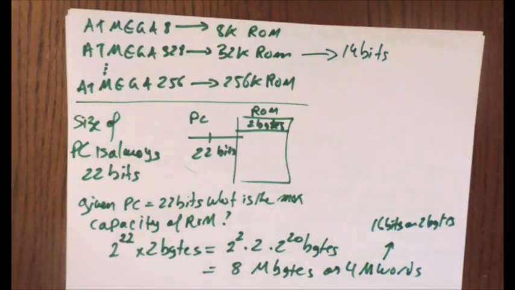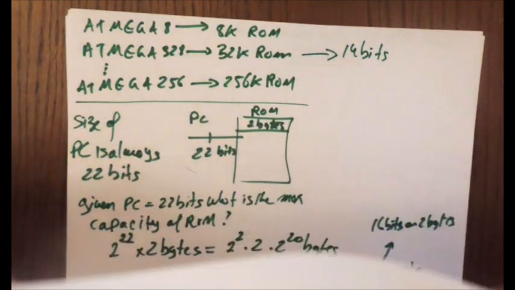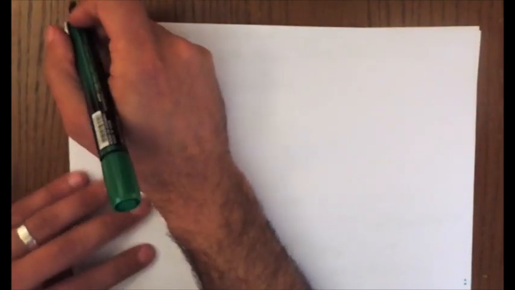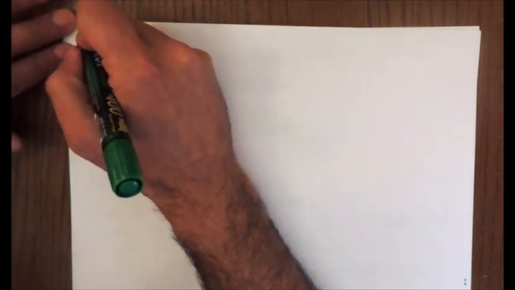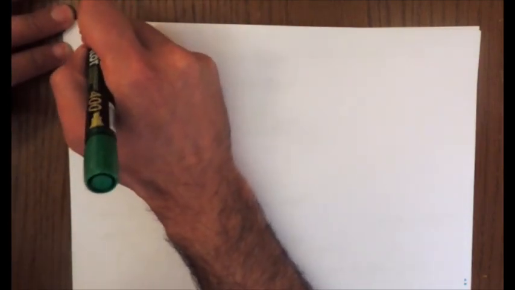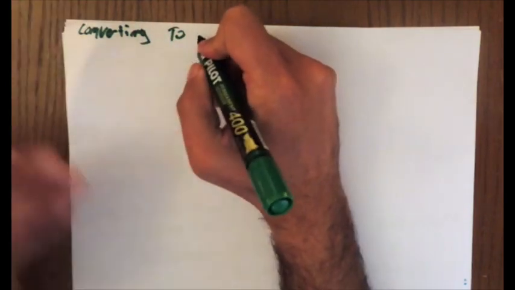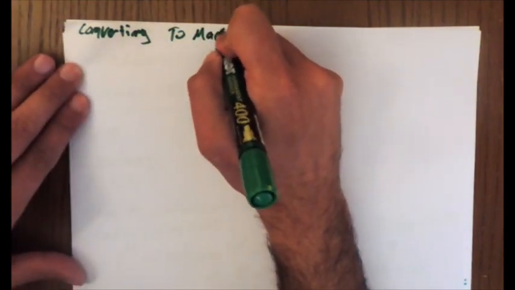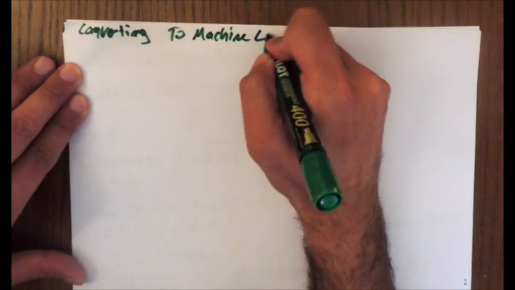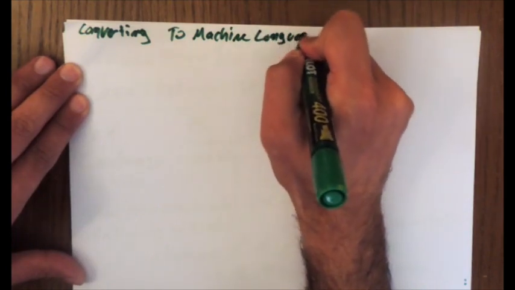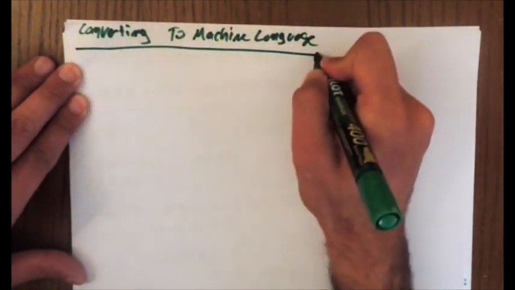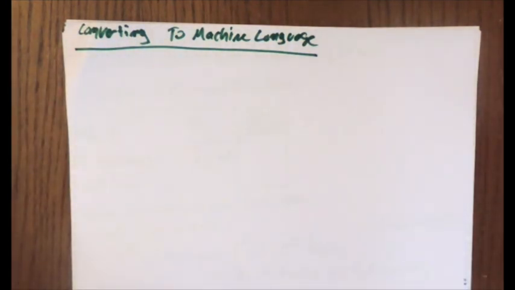So now let's talk about how we actually place values inside the ROM, converting to machine language. Let's take the first instruction.